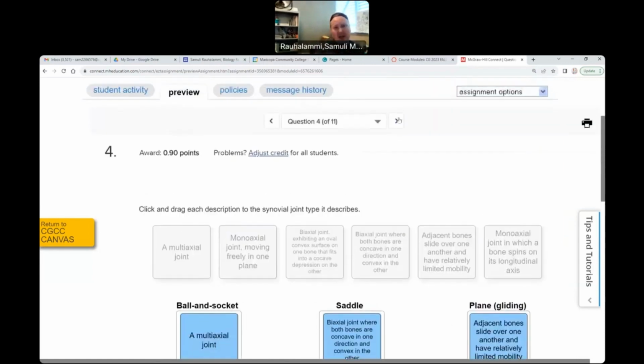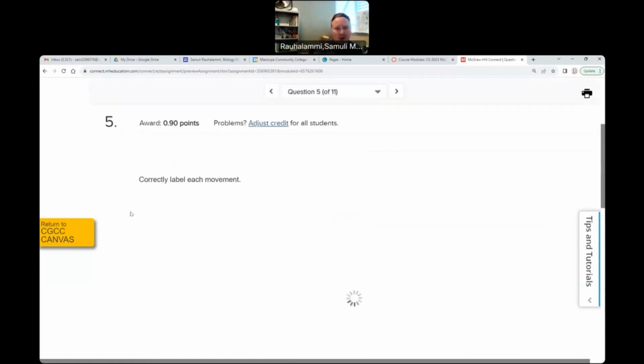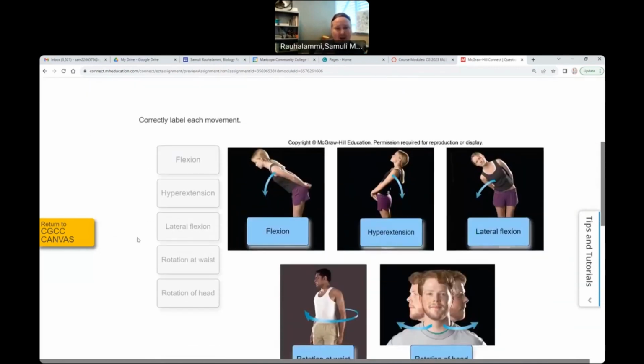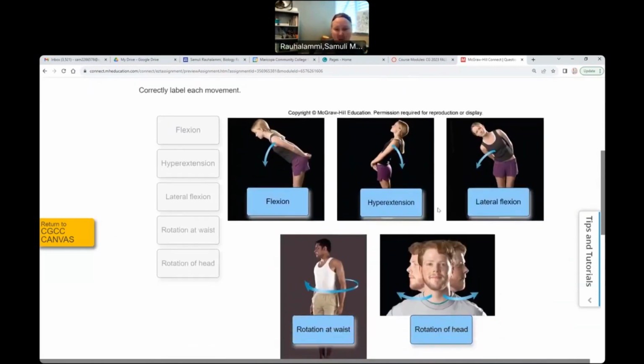So really, lots of visual-based questions in our practice anatomy. We're getting to visit some of the movements that we've talked about before, because the movements are really what we're seeing as a result of these joints. Remember, flexion was always when we reduced an angle between two parts.